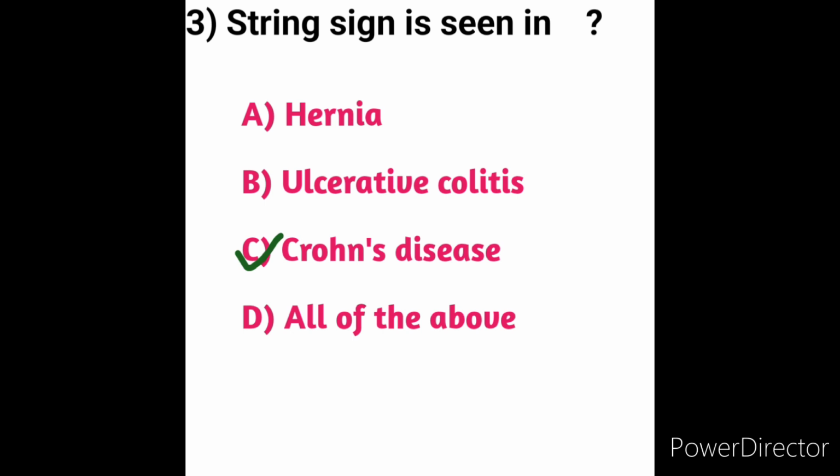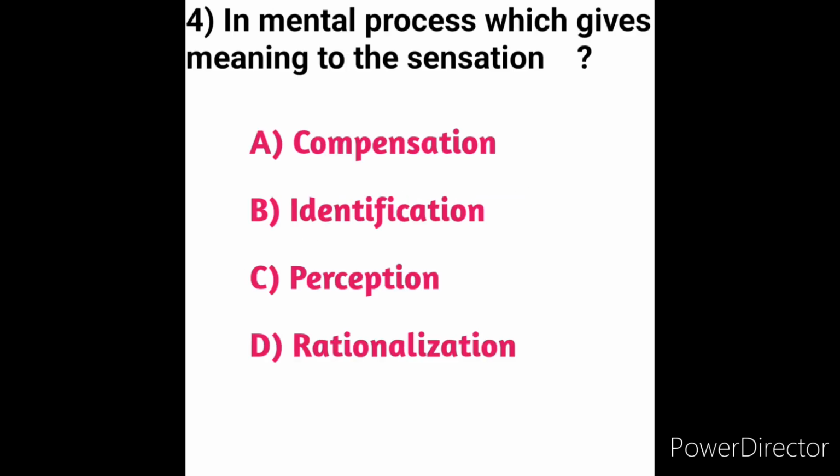Next we will move on to question number 4. In mental process, which gives meaning to the sensation? We will see here options. Option A compensation, option B identification, option C perception, option D rationalization.